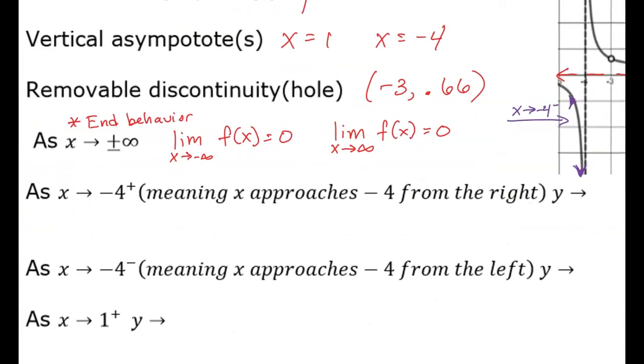So we say the limit as x approaches -4 from the negative direction of f of x is negative infinity. That's what this little superscript negative means. It means from the negative direction.